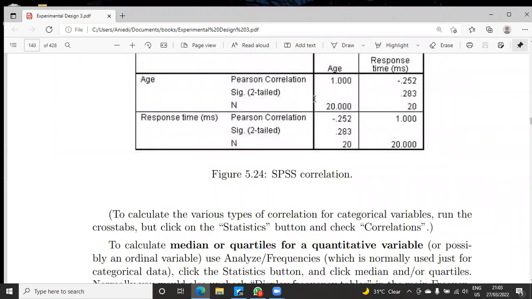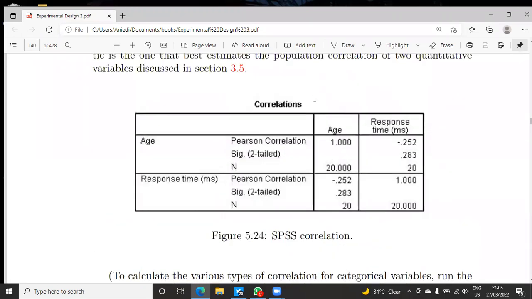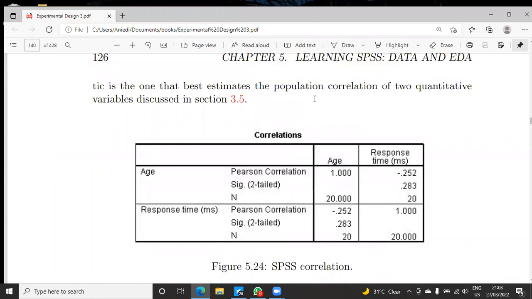Okay. You can see even the SPSS that is used in doing calculation here. You can see correlation. In this case, age has a correlation of 1, which is a very strong correlation.